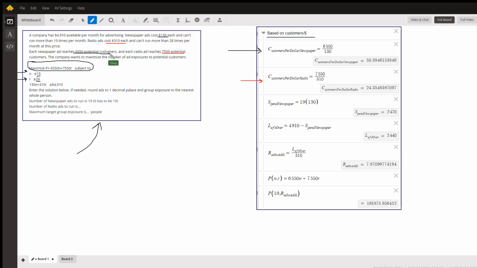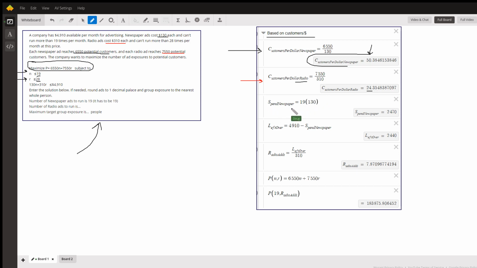So if the most people you can reach for newspaper ads is 6,550 and each ad costs $130, that means you're getting a little over 50 customers for every dollar that you spend. And if you do it with radio, you're only reaching 24 customers for every dollar. So this is the quantity that we want to maximize.